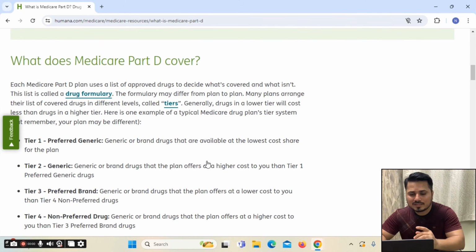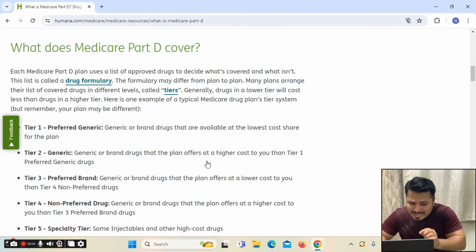Now, what does Medicare Part D cover? Each Medicare Part D plan uses a list of approved drugs to decide what's covered and what isn't. This list is called a drug formulary. All right. The formulary may differ from plan to plan.